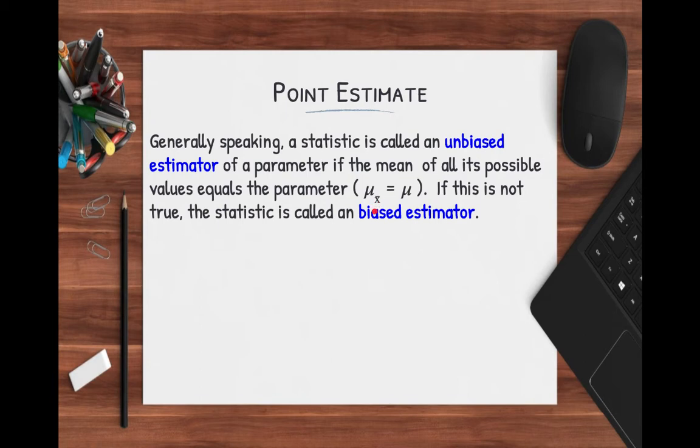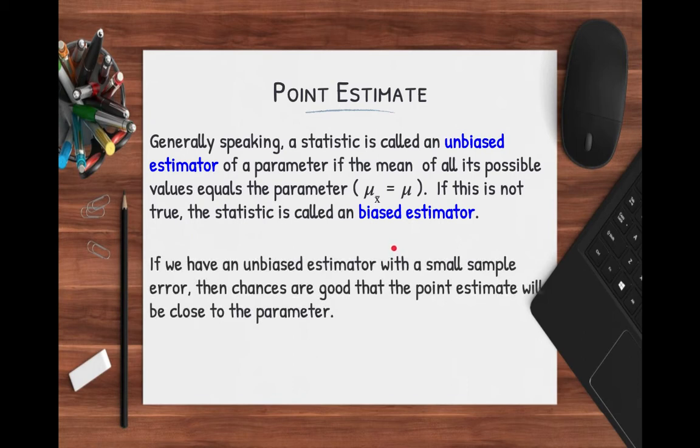What's the mean of all the sample means? And if mu sub x bar equals mu, this is called an unbiased estimator. And if it's not true, if the mean of all the samples does not equal the population mean, it's called a biased estimator, which means it's going to affect where it's going to be.